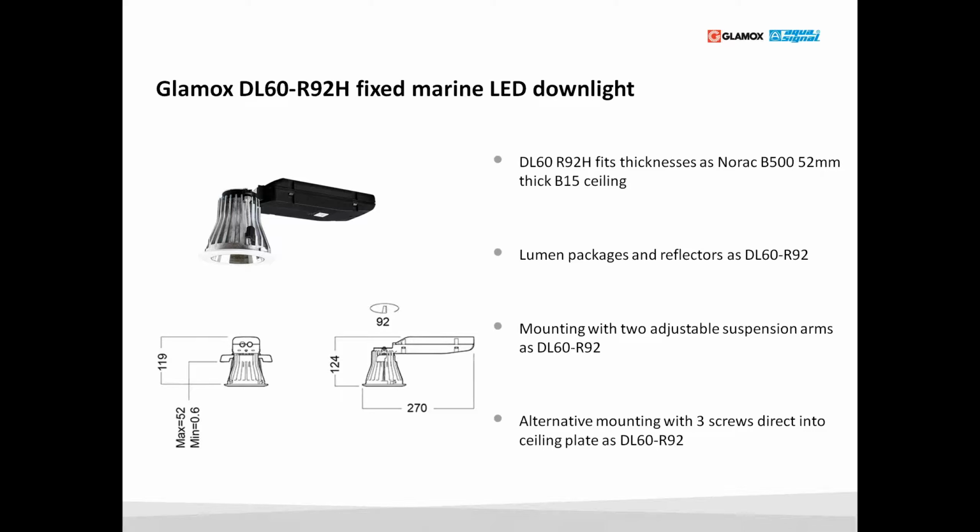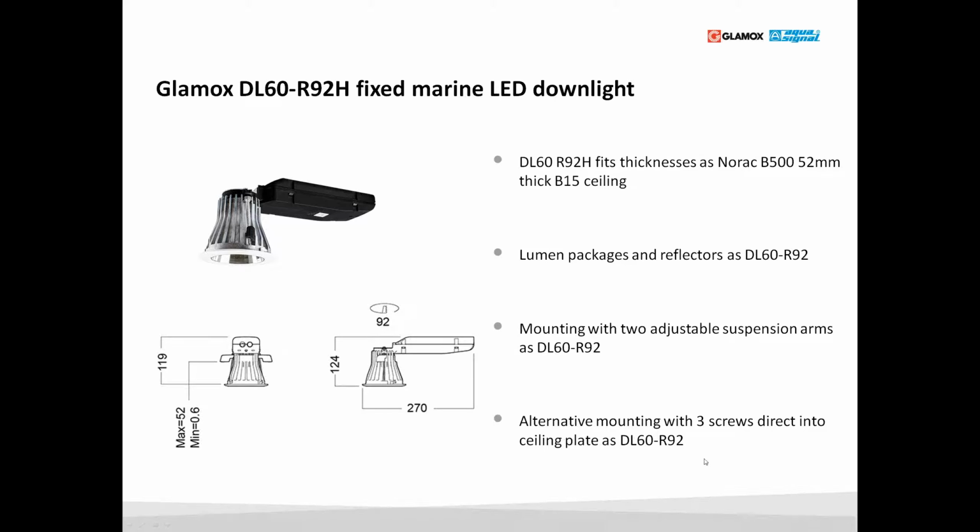Then we made a fourth member, the DL60 R92 high one, that fits for the Norak ceilings, for the 52 millimeter thick ceilings. It has the same lumen packages and the reflectors as the R92 ordinary.